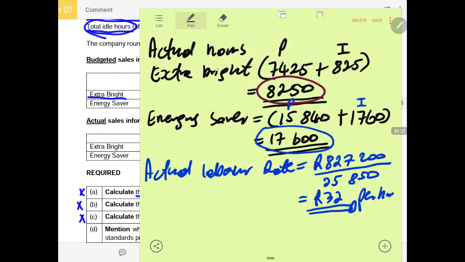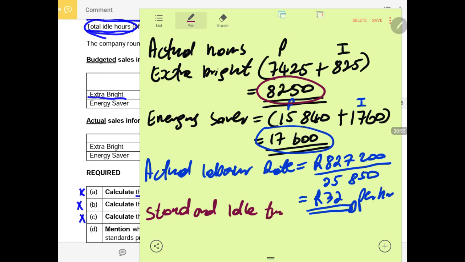And we know that standard information is the standard idle time times the actual productive hours. So now we are looking for the standard idle time.